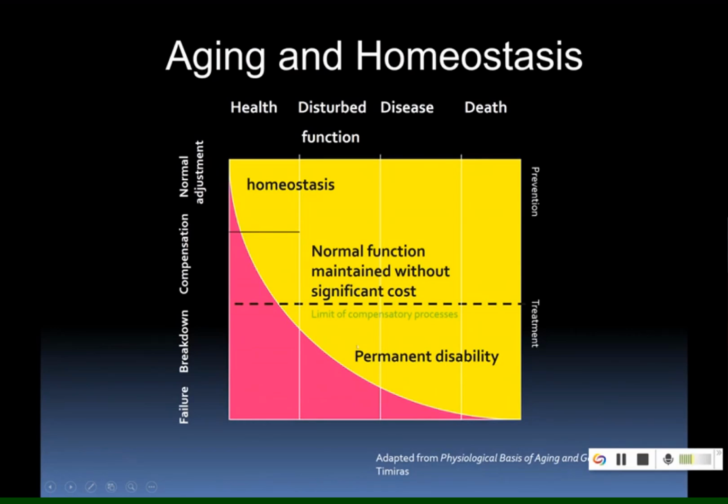As geriatric-focused individuals, we want to keep everybody above this dotted line. We want to maintain as much functionality as possible, and to do so through mostly prevention measures. Some of these treatment measures may, over time, as we'll see, creep up into this higher category as a chemoprophylaxis for, let's say, senescent cell removal from your tissue.